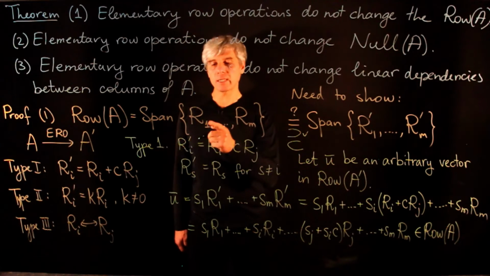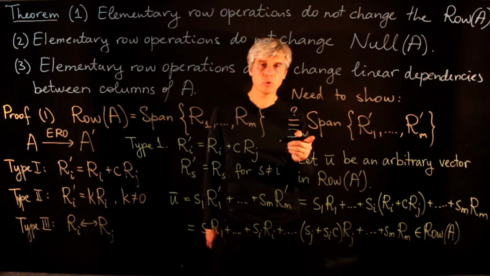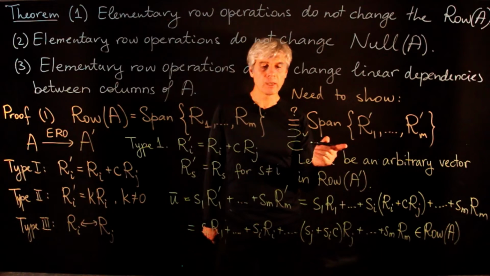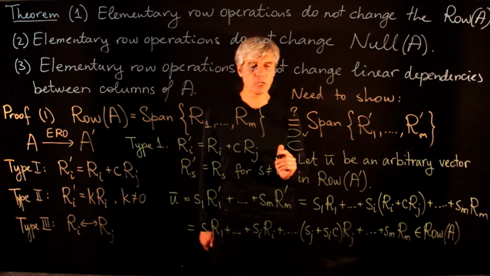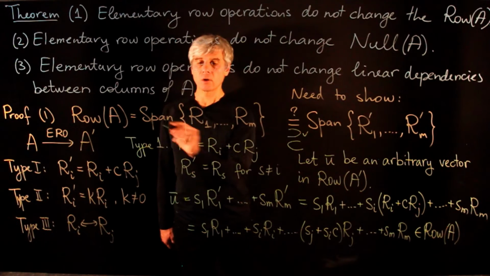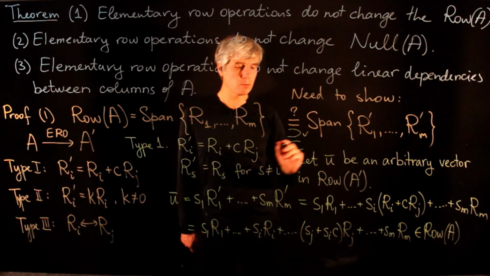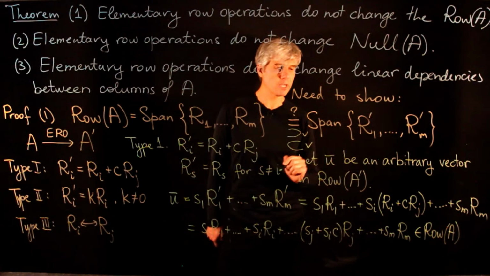So since now we can obtain an old matrix by applying an elementary row operation to a new matrix, applying this argument to the inverse elementary row operation, we obtain that the row space of the old matrix is a subset in the row space of the new matrix.